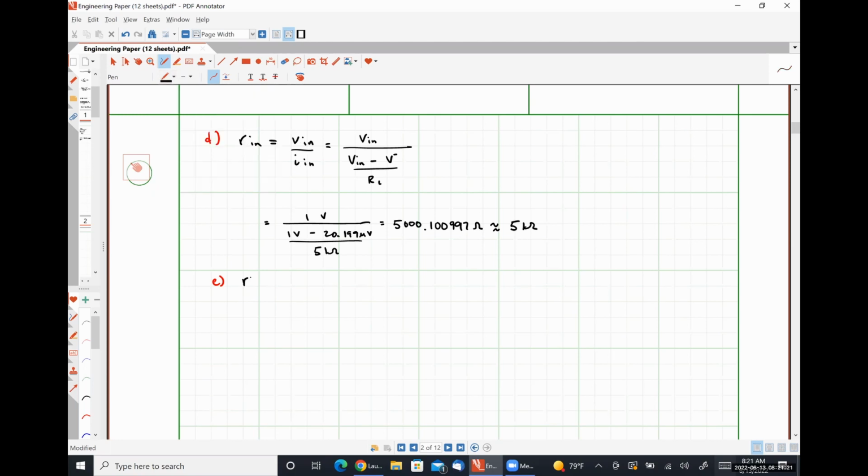The last thing that we need to determine is the output resistance with our feedback parameters included.